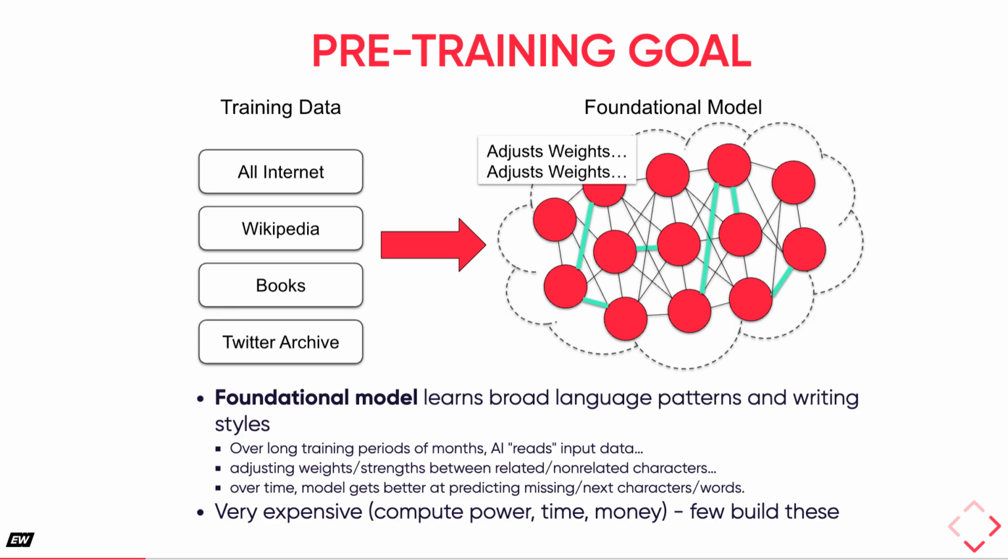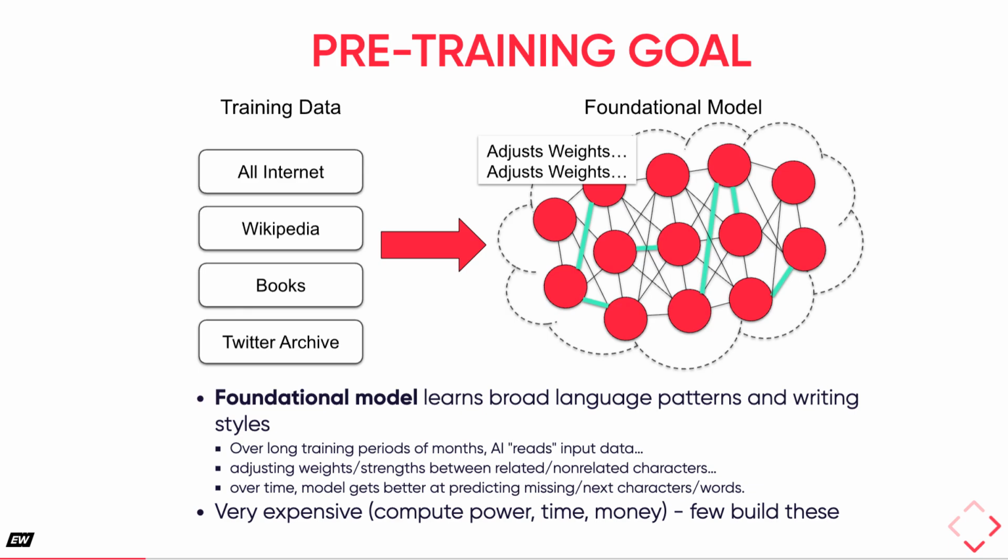The primary goal of this pre-training phase is for the foundational model to learn broad language patterns and various writing styles. This process can take months, during which the AI effectively reads the input data. As it processes this data, it's continuously adjusting the weights and strengths of the connections within its neural network, particularly between related and non-related characters or tokens.